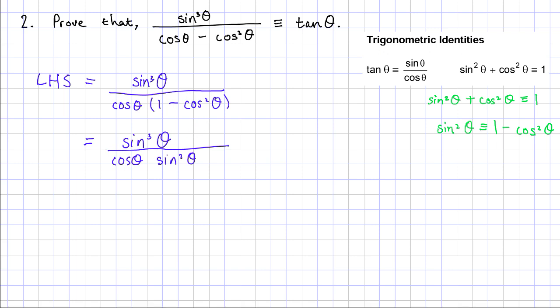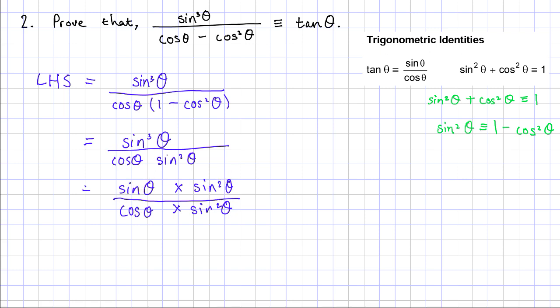So let's do that. So we have sine theta times sine squared theta all over cos theta times sine squared theta.